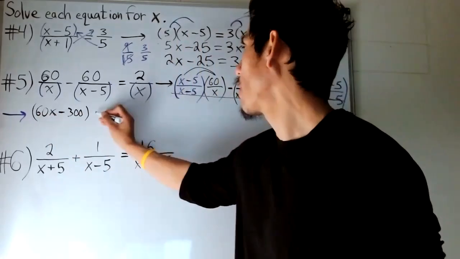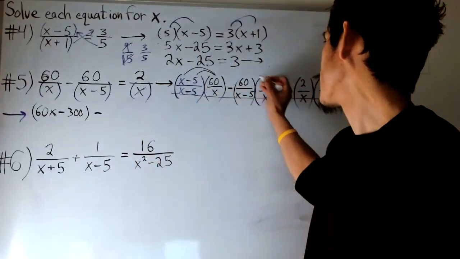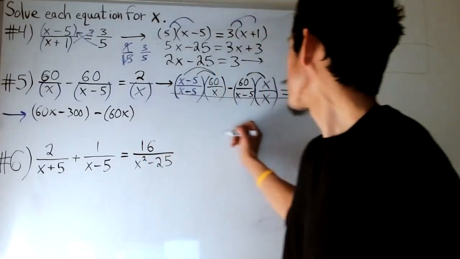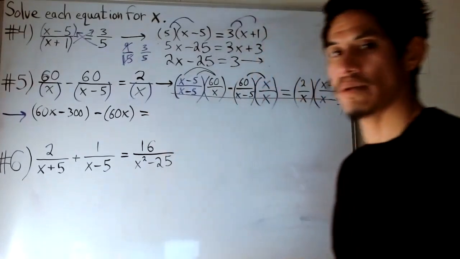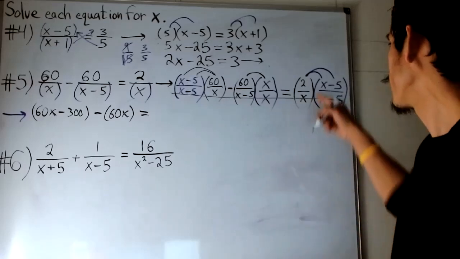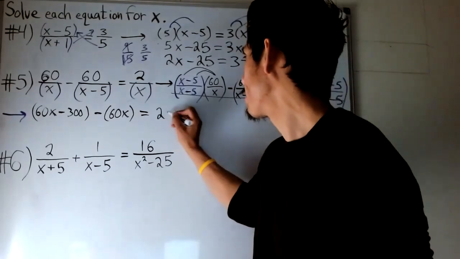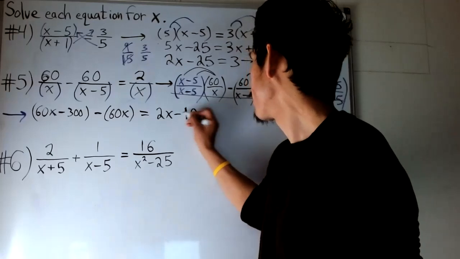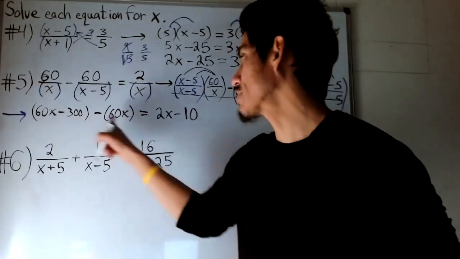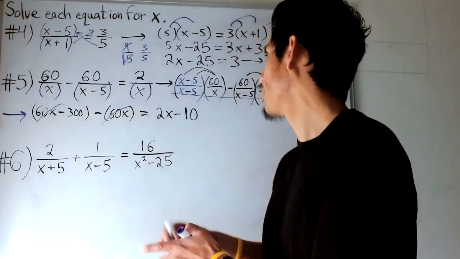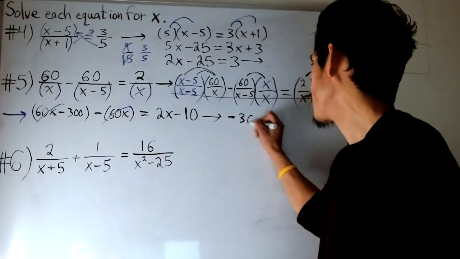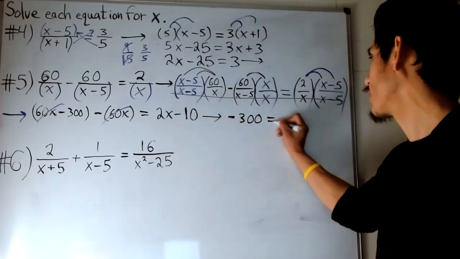That first group minus the second group is just 60 times x, so minus 60x equal to, and let's just distribute this 2 and the x minus 5 there, so 2x minus 10. And then you can see from here how it's going to work out. 60x minus 60x, those will cancel. So all you really have is negative 300 being equal to 2x minus 10.